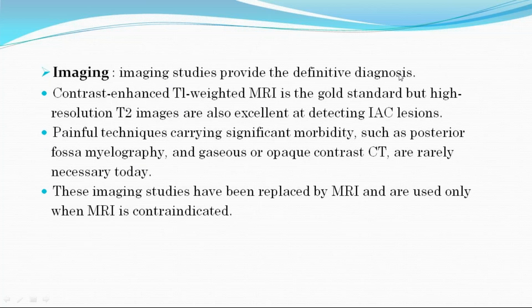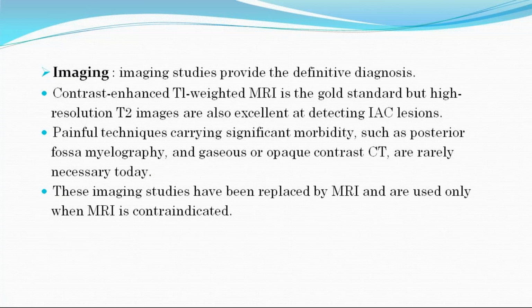Imaging studies provide a definitive diagnosis. Contrast enhanced T1 weighted MRI is the gold standard. But high resolution T2 images are also excellent in detecting internal auditory canal, internal acoustic canal lesions. Painful techniques carrying significant morbidity, such as posterior fossa myelography, gaseous or opaque contrast CT, are rarely necessary today. But they have their indication.